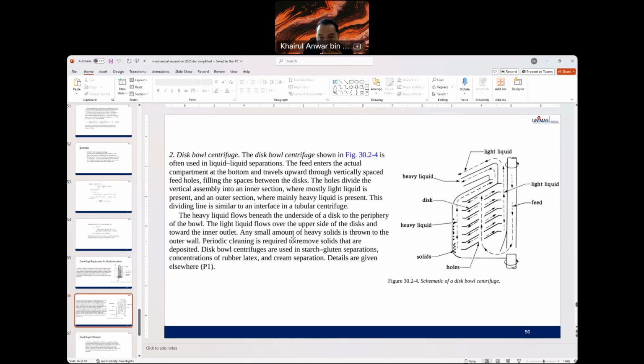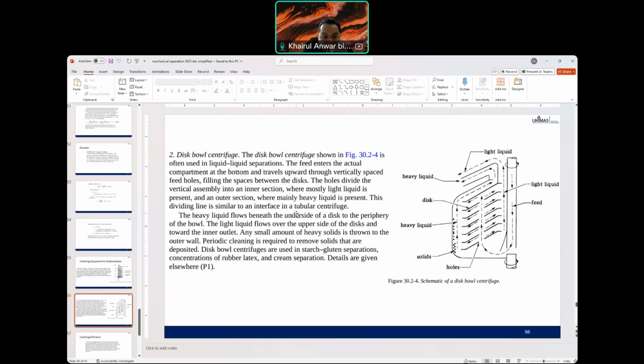The vertical assembly is divided into an inner section where mostly light liquid is present and an outer section where mainly heavy liquid is present.